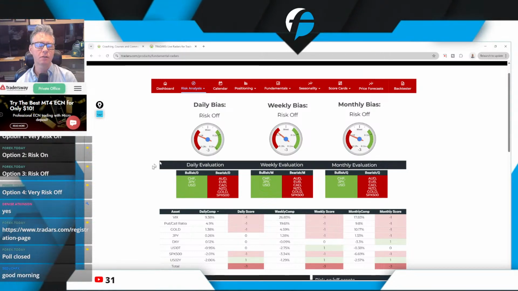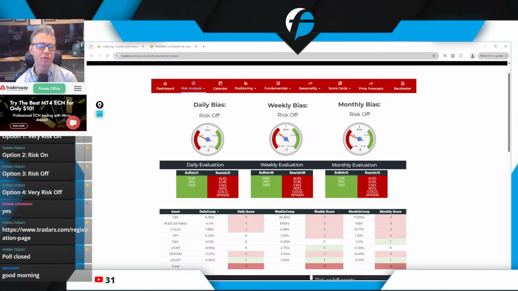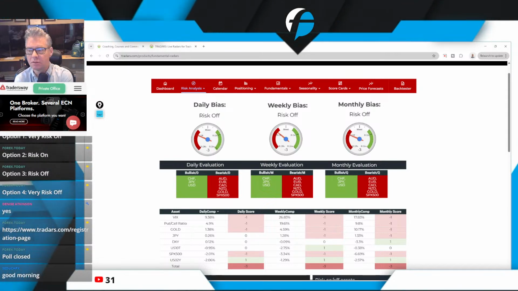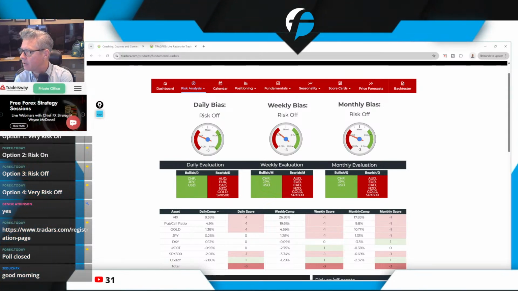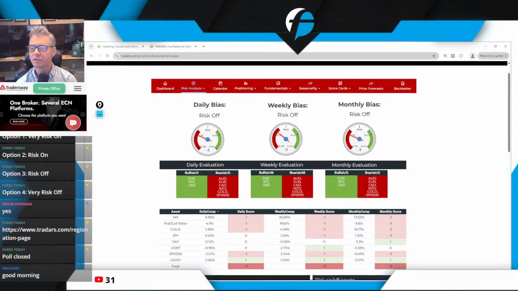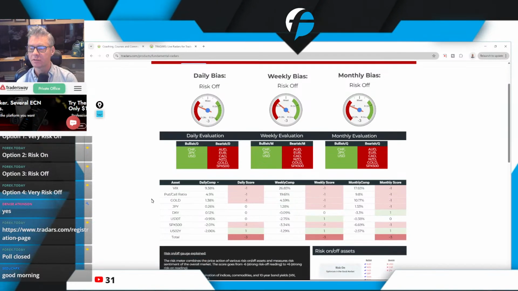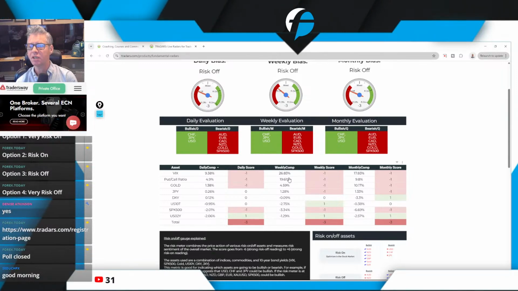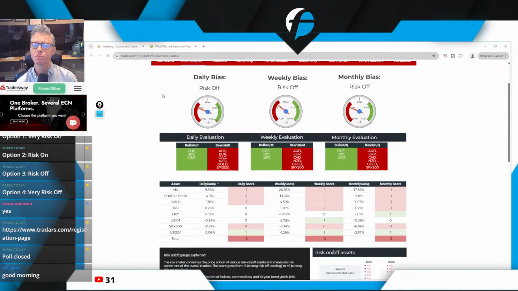So for those that are risk on or even very risk on, you're kind of out there on the edge. Not sure how you got that bullish, because that doesn't seem to be what's happening in the other markets. Now remember, these are not opinions. This is volatility. This is the options market.